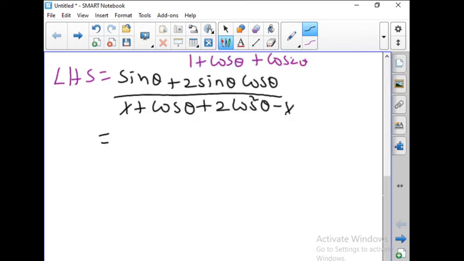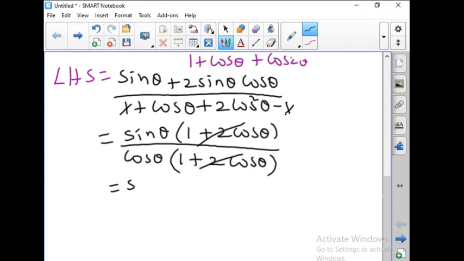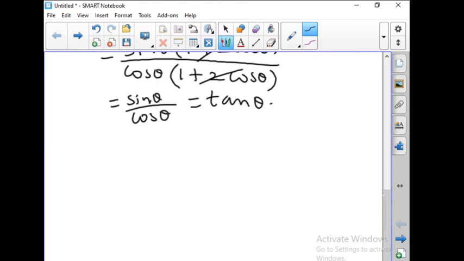So we can write this as, in the numerator, take sin theta out, so we get 1 plus 2 cos theta, and in the denominator take cos theta out, so you get 1 plus 2 cos theta. So 1 plus 2 cos theta gets cancelled. So you get sin theta by cos theta, which is equal to tan theta. Hence we have proved. Okay, then coming to example 3.28.